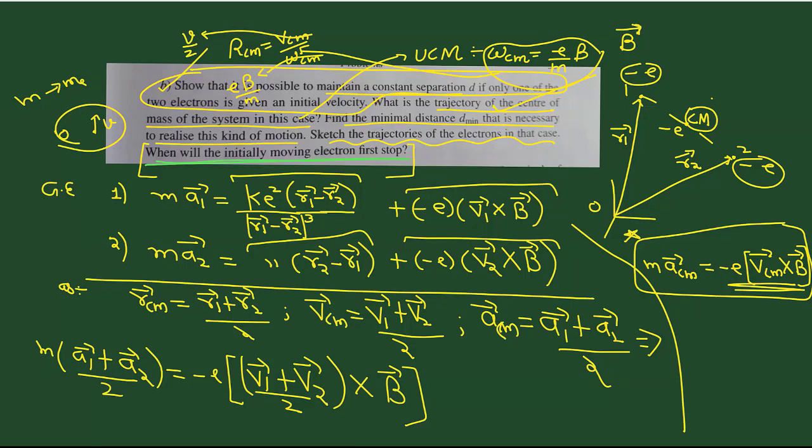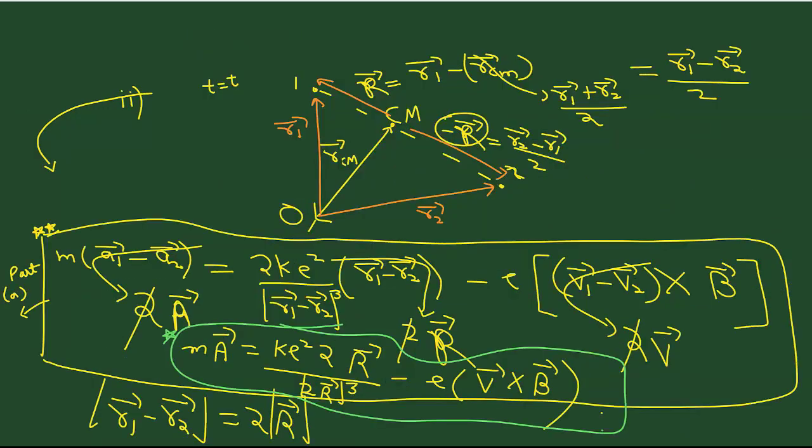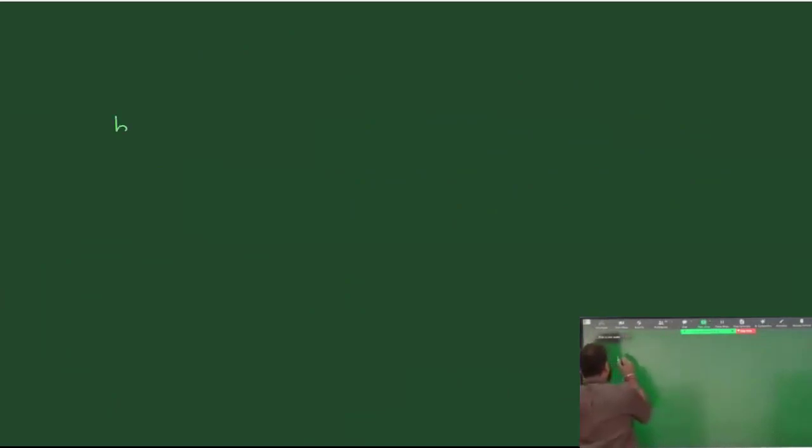So let me draw the trajectory in part B of the problem. First of all, randomly draw that circular motion for the center of mass. Draw the motion that the center of mass will have, some uniform circular motion.